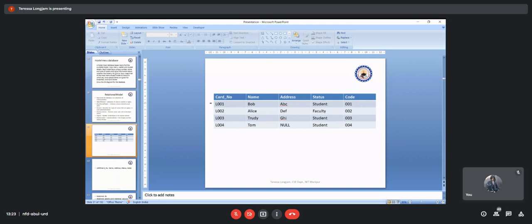Here, this is a tuple, this is another tuple, this is a third tuple, and this is the fourth tuple. So the relation user has 4 tuples.